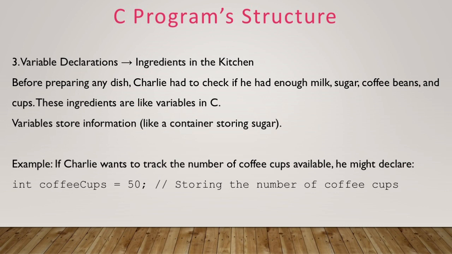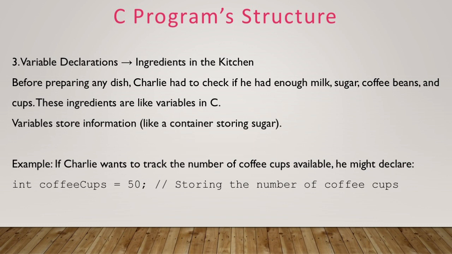Now, the third section can be variable declarations. Let's come to Charlie's Cafe C. There are certain things in the kitchen which he needs to take care of, like ingredients. Before preparing any dish, Charlie checks if he has enough milk, sugar, coffee beans, cups, and so on.